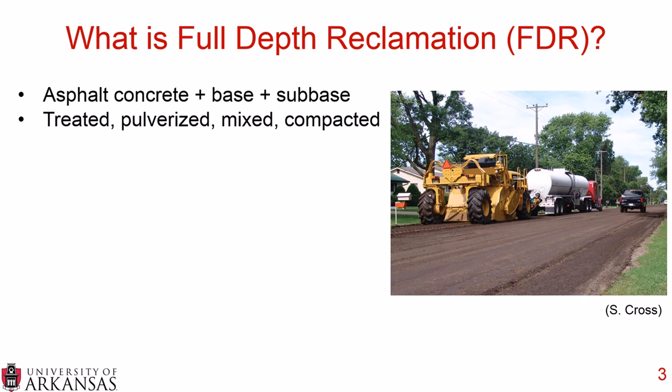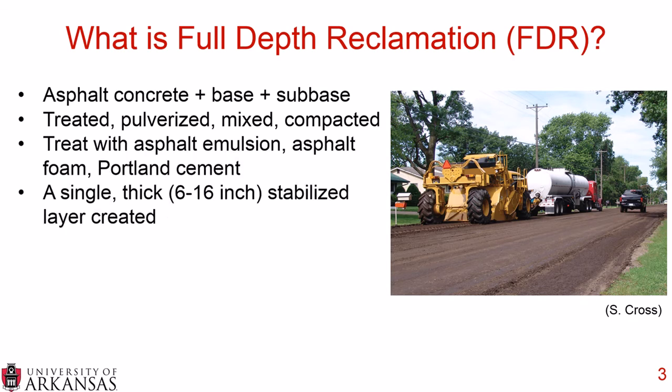FDR can be treated with asphalt emulsion, asphalt foam, or Portland cement, and what happens is this pulverized or reclaimed asphalt concrete base and subgrade is all mixed together into a single, thick, 6 to 16 inch stabilized layer.